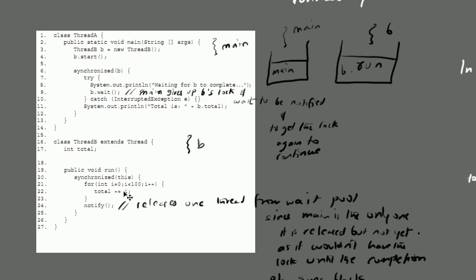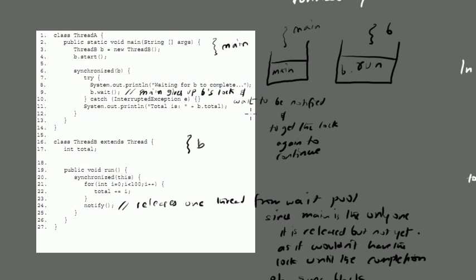So B picks up the lock, executes this piece of code here, and releases and notifies. Now at this point, main would be in the wait pool of instance B.